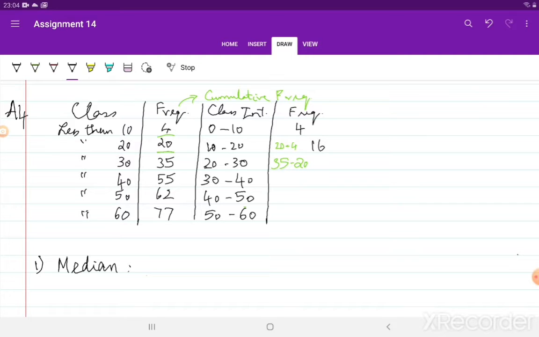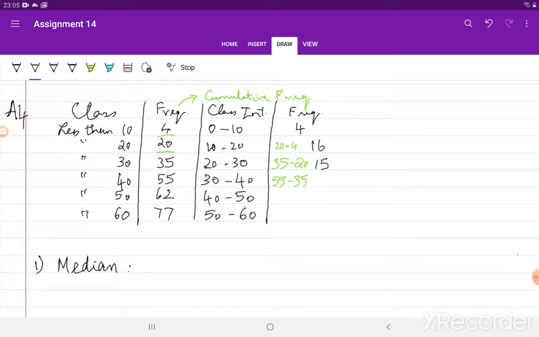So 35 minus 20 is 15. Similarly, over here, to get the number of observations lying between 30 and 40, we know that 55 observations are less than 40, but out of these, 35 observations are less than 30. So remove them.